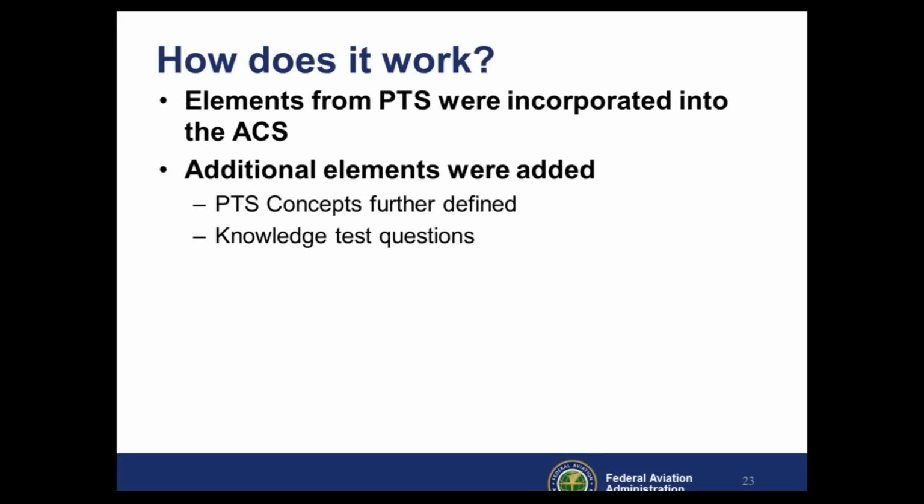That question is not appropriate content. And we did remove a lot of questions from the private knowledge test and instrument knowledge test because they weren't appropriate content. So you'll see a lot of growth in elements because of the knowledge test questions.